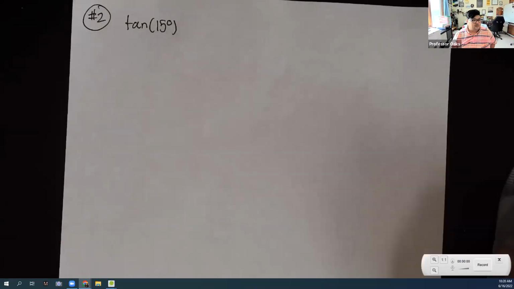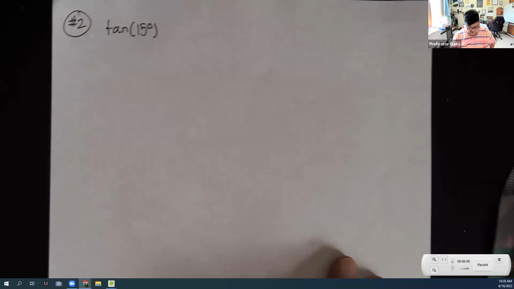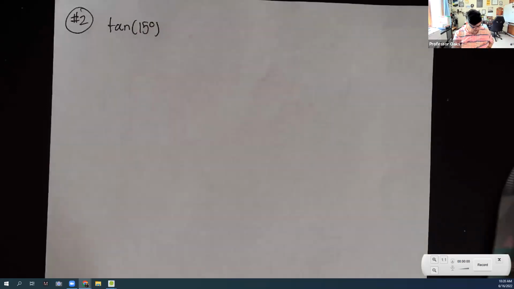But this all goes back to if you were back in the olden days, you know, you didn't have a calculator, then it would be something where you would want to use the table to help you not have to go and look up different values.